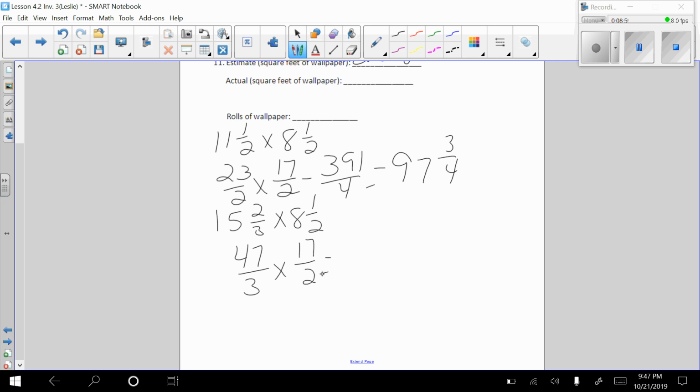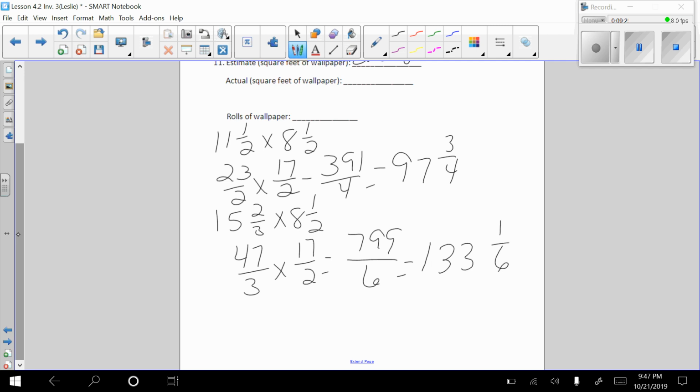Multiplying the numerators, 47 times 17 is 799, and 3 times 2 is 6. Again, how many groups of 6 can I take out of 799? Remember, you can use your calculator and divide. 799 divided by 6, you're going to take 133 whole groups out. That's going to give you 798, so you're going to have 1/6 left over.